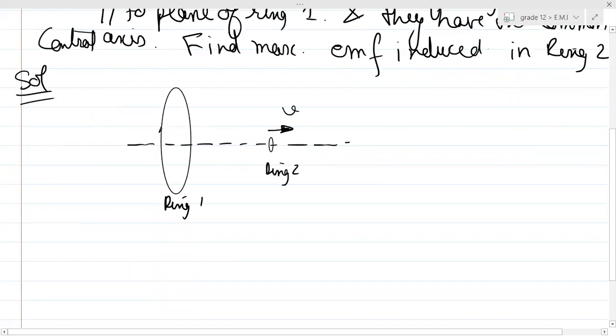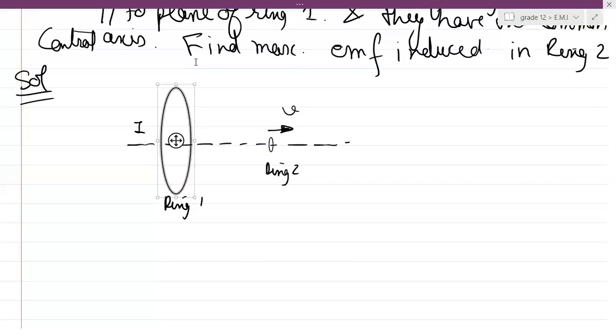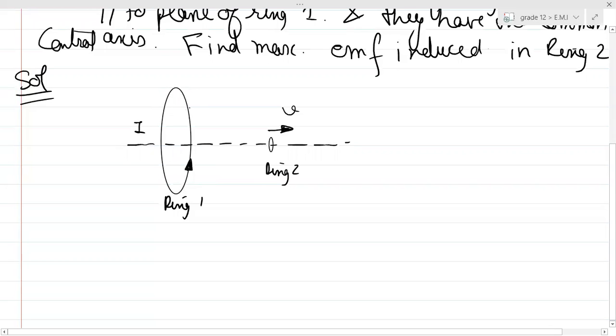Now what was happening? This ring was having a current I. Suppose the current is like this.